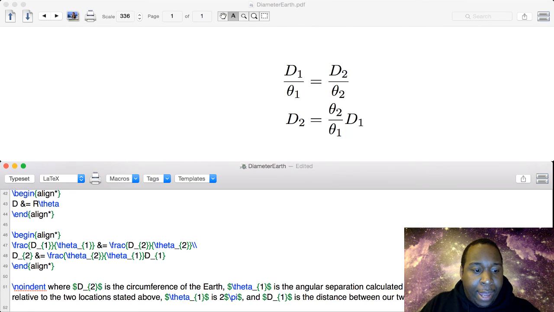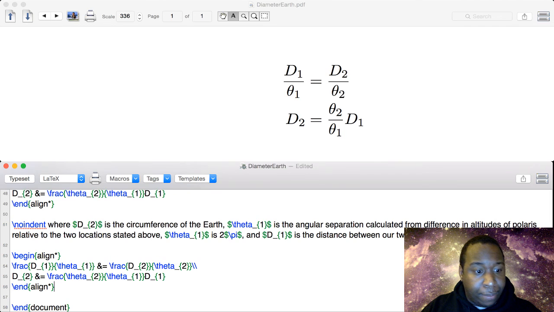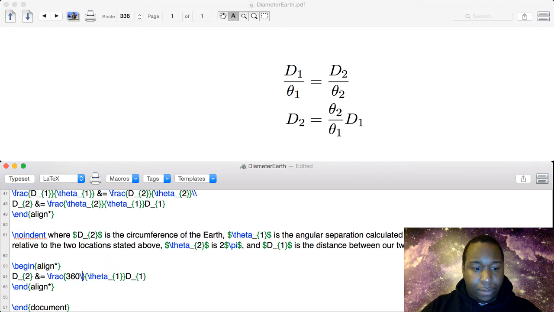And so now going ahead and solving with the information that we currently have, plugging this all in. Theta 2 is going to be 360 degrees, and I'm using this O as a degree symbol.